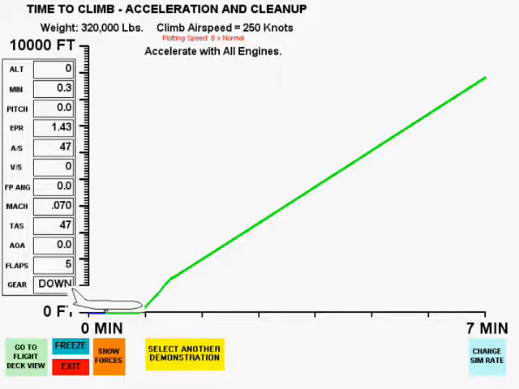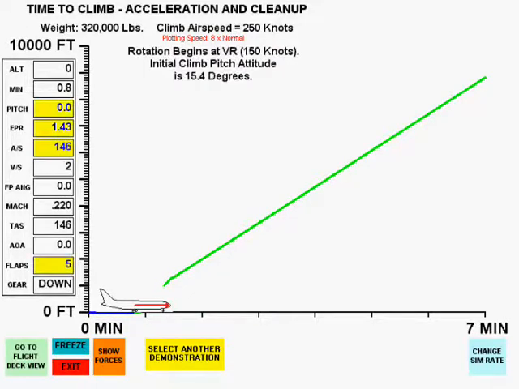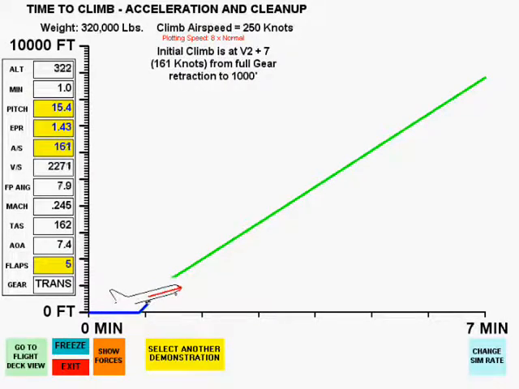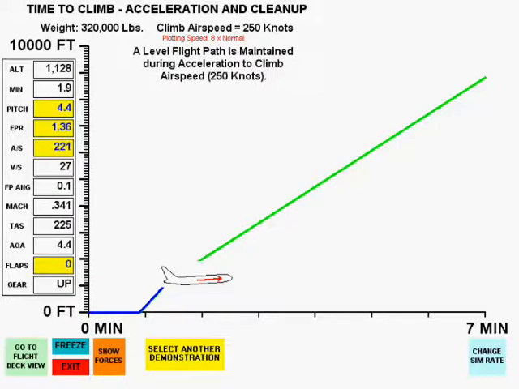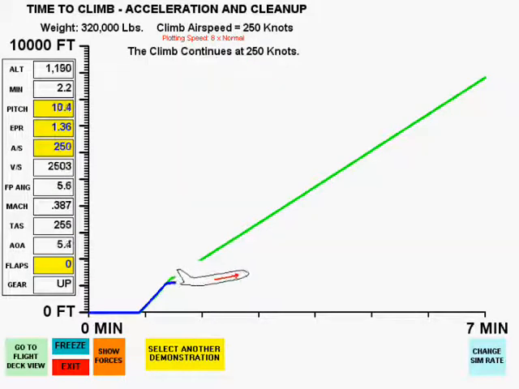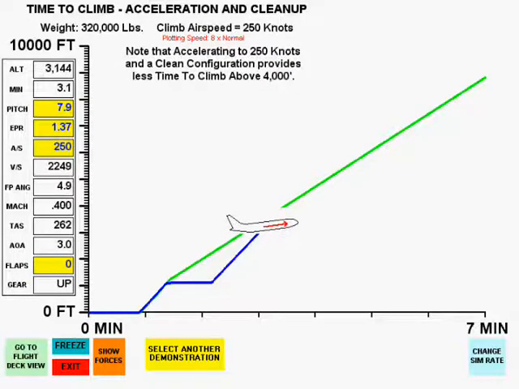In this case, a normal cleanup and acceleration to 250 knots will be accomplished after the initial climb to 1,000 feet. The break-even altitude for time is 4,000 feet at 250 knots.